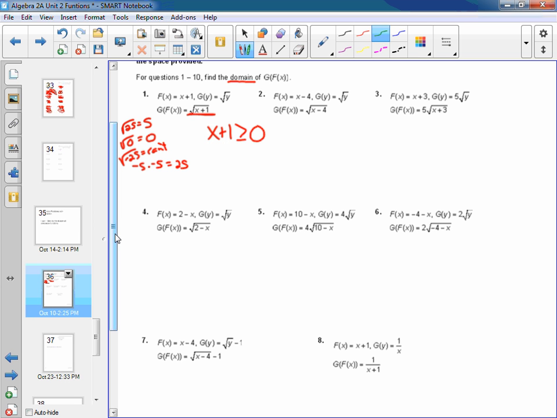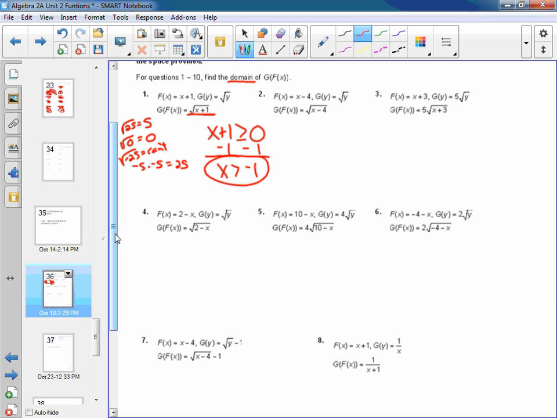So in order to find the domain for this problem, for all of these problems, you're going to have to set up an inequality, which is why we did the warm-up. So if you understood what we just did on the warm-up, this shouldn't actually be a big deal. So x is greater than negative 1. So the domain for g of f of x here are all x greater than negative 1, because if it's anything less than that, you'll have a negative underneath the square root.